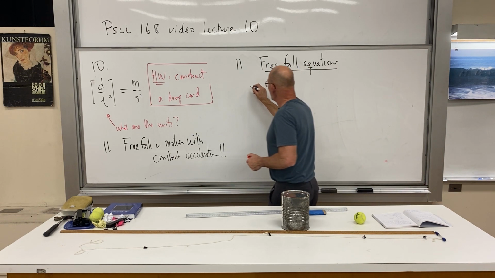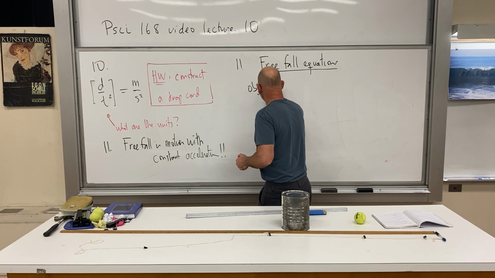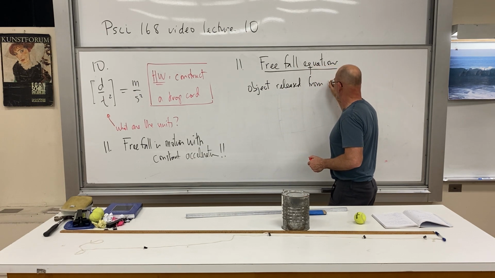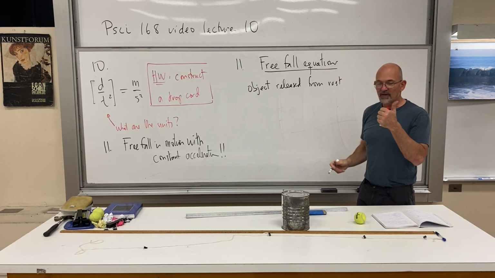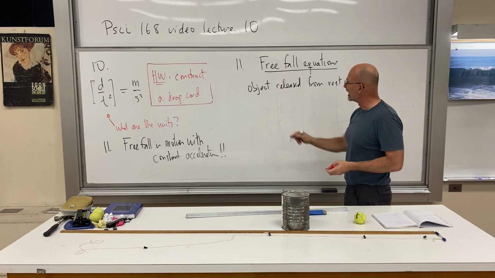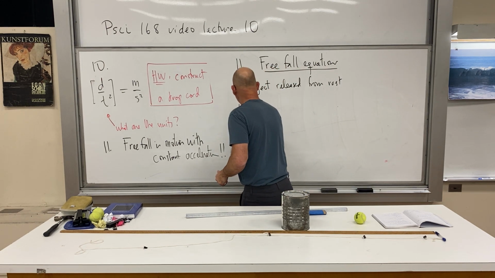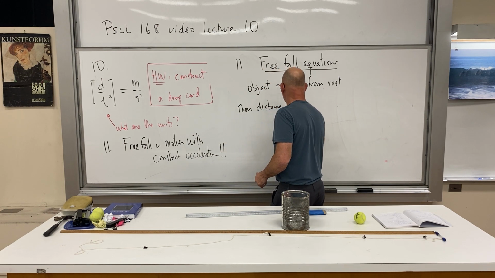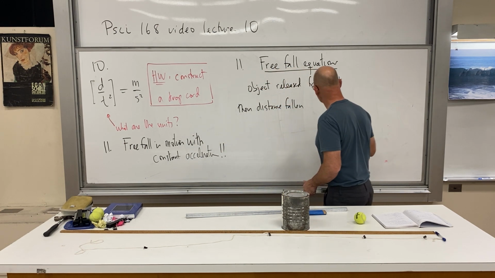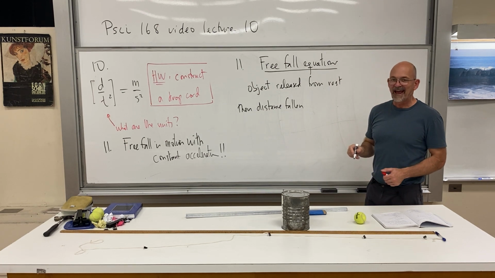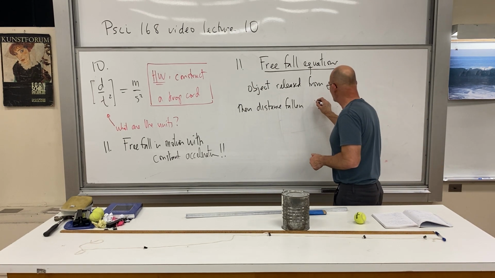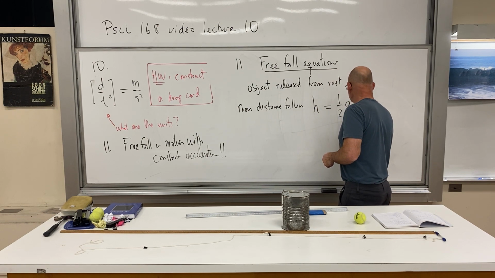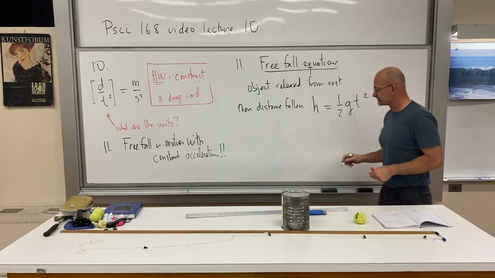So, object is going to be released from rest. Just like when I drop a hammer, a feather, a tennis ball, I'm releasing it from rest. Then distance fallen, I'll just call it D. Well, we're going to be using H a lot. Maybe I'll call it H. Distance fallen, H, is equal to 1/2 g t squared.